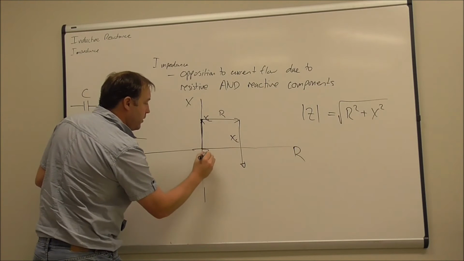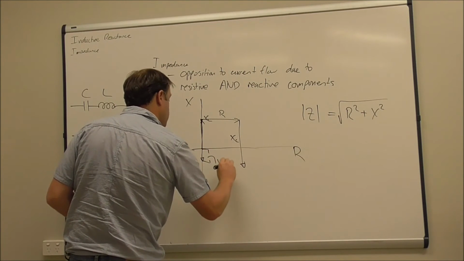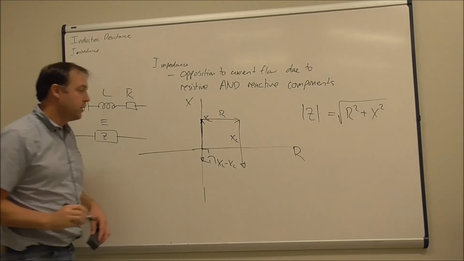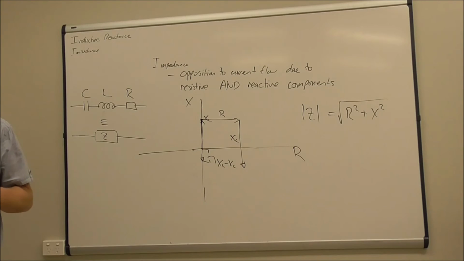And that difference there is just going to be XL minus XC. Okay? So the combined reactance of the capacitor and the inductor is simply the difference between them. Okay? So XL minus XC is the combined reactance. Okay?